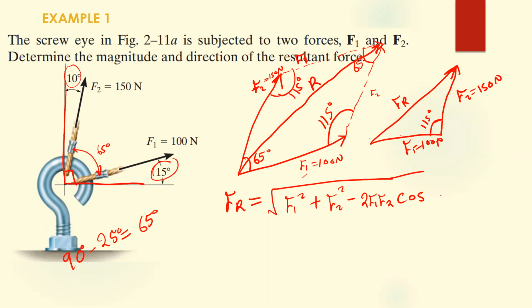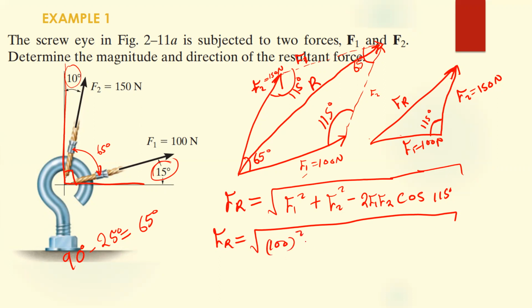The angle that is opposite there is 115, so we can put 115 there. And then from there, it's just a matter of replacing the figures. So you put your 100 there. The resultant vector will therefore be equal to, while there is F1 there, I'm going to put 100.